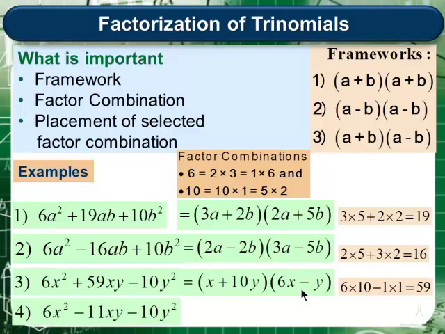Factor combination in this case would be a 1 and a 1, that is the outer. In this case we have 10 and 6 for the inner. Remember, it's 60 minus 1, so this must be a minus for the second factor between the two terms to generate 59, that is plus 59 for the middle term.